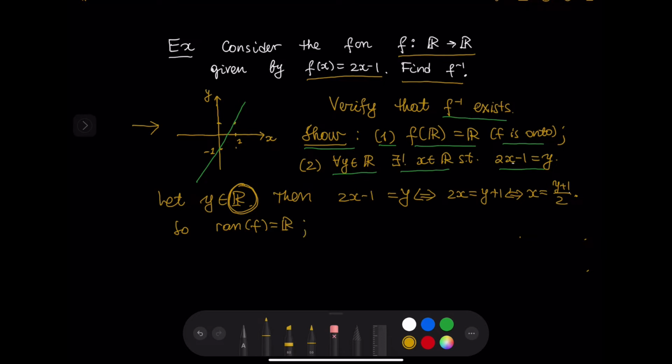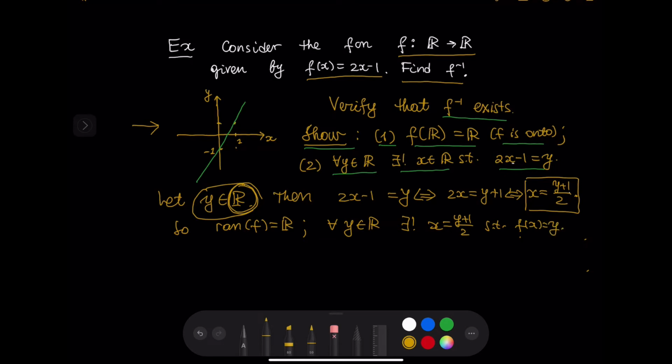And it shows that for every y in R, there exists a unique x, which is given by the formula x equals (y plus 1) over 2, such that f of x is equal to y.